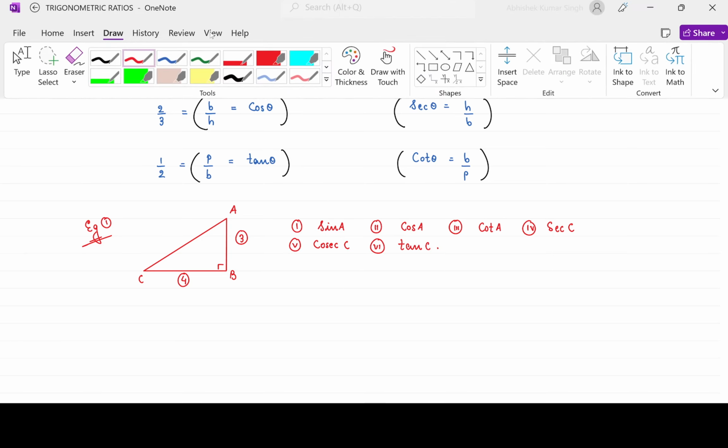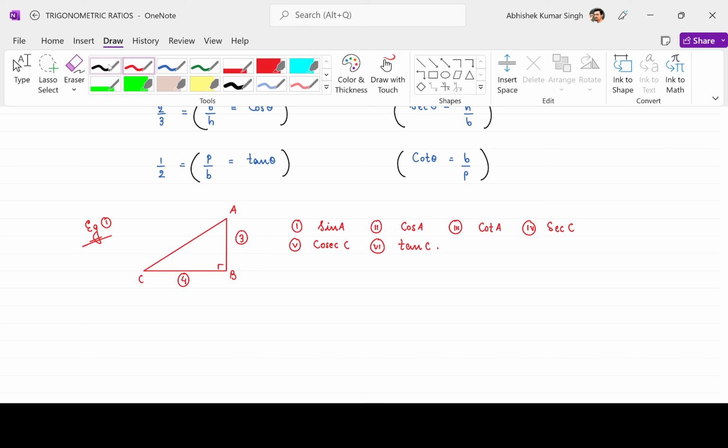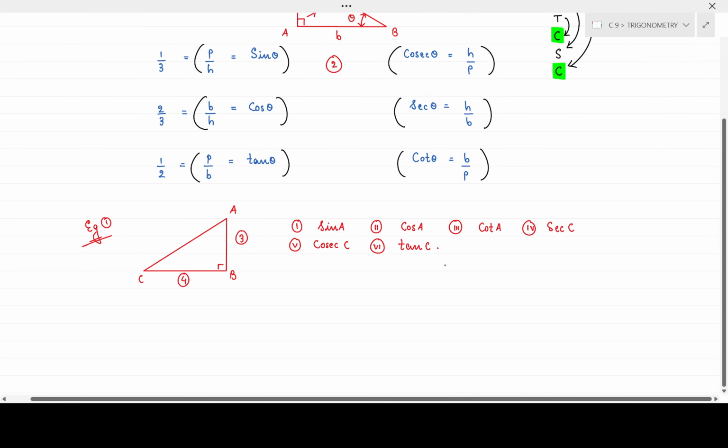Now, before proceeding with the subparts, you must first find the length of the hypotenuse with the help of Pythagoras theorem, as you know.